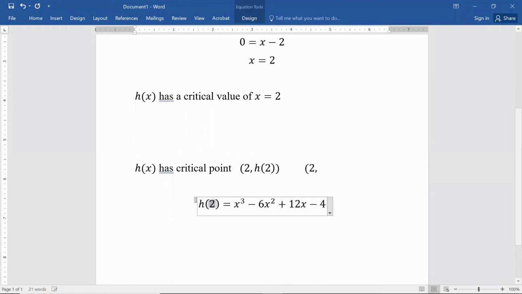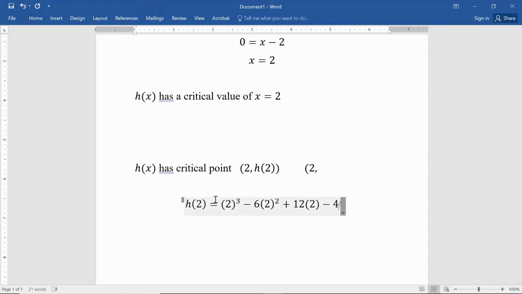So replace all the x's with a 2. When that's all calculated, the output value of my original function, when the input value is 2, becomes a 4. So my critical point is the point 2, 4.